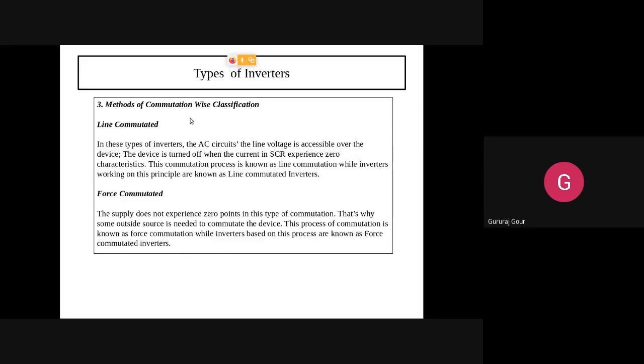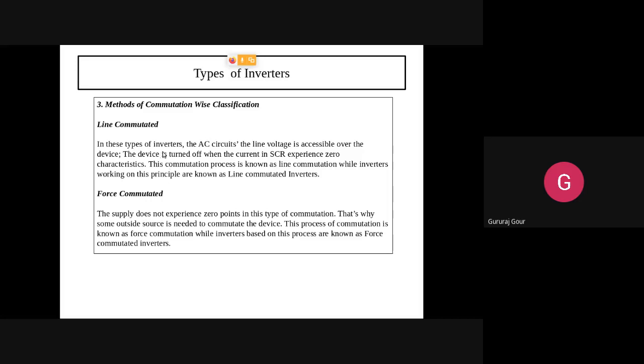Next, the third type of inverters is classified based on how the switching elements used in the inverters are turned off, which may be line commutated, where they are naturally turned off, or forced commutated.